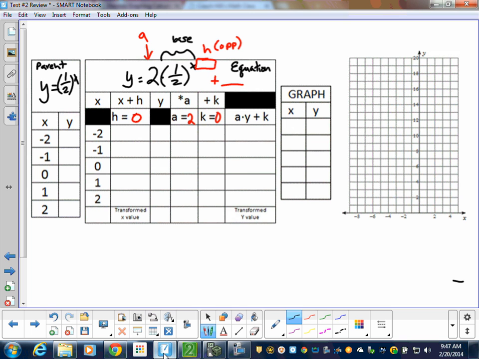The first thing you do, guys, is you take 1/2, you write y equals 1/2 to the 0 power. This is 1, so that's 1. Guys, y equals 1/2 to the first power. That's 1/2. And y equals 1/2 to the second power. Guys, that's 1/2 times 1/2.